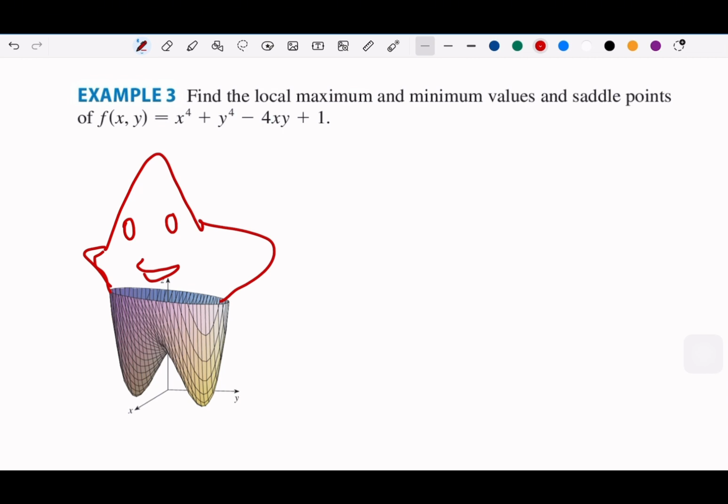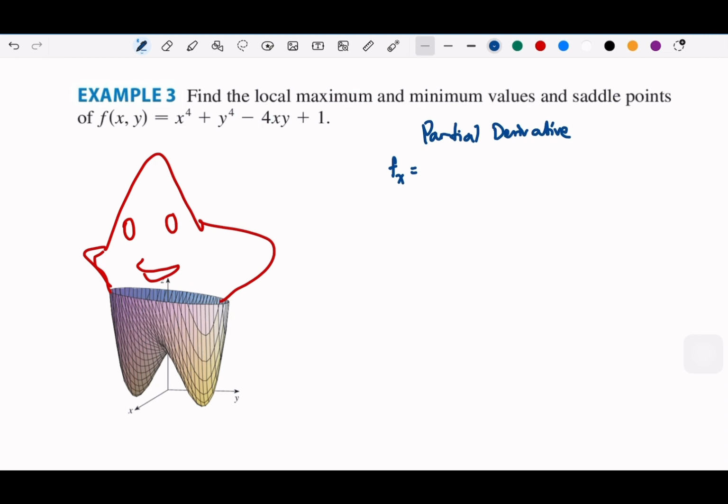So first thing, every time the question asks about local minimum and maximum, we can partially derive to find the critical points. Okay, so first is partial derivative. So we can check partial x.